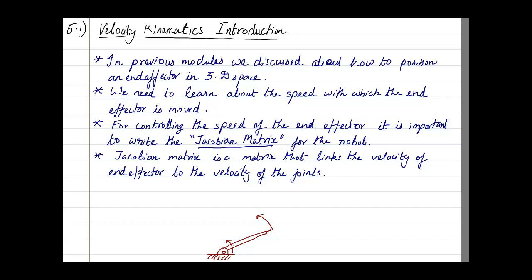The velocity of the joint means the joint is moving at an angle theta. When we talk about velocity, we mean how theta is changing with respect to time, and since it's an angular motion, we call it angular velocity. Let me write it properly. And this angular velocity will decide at what speed this end effector is going to move.